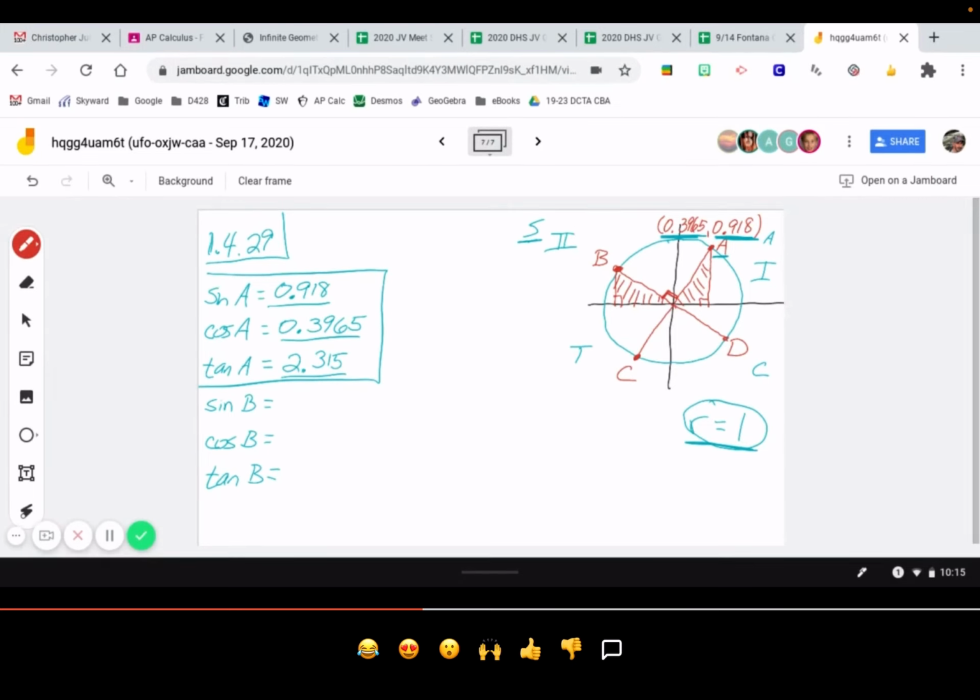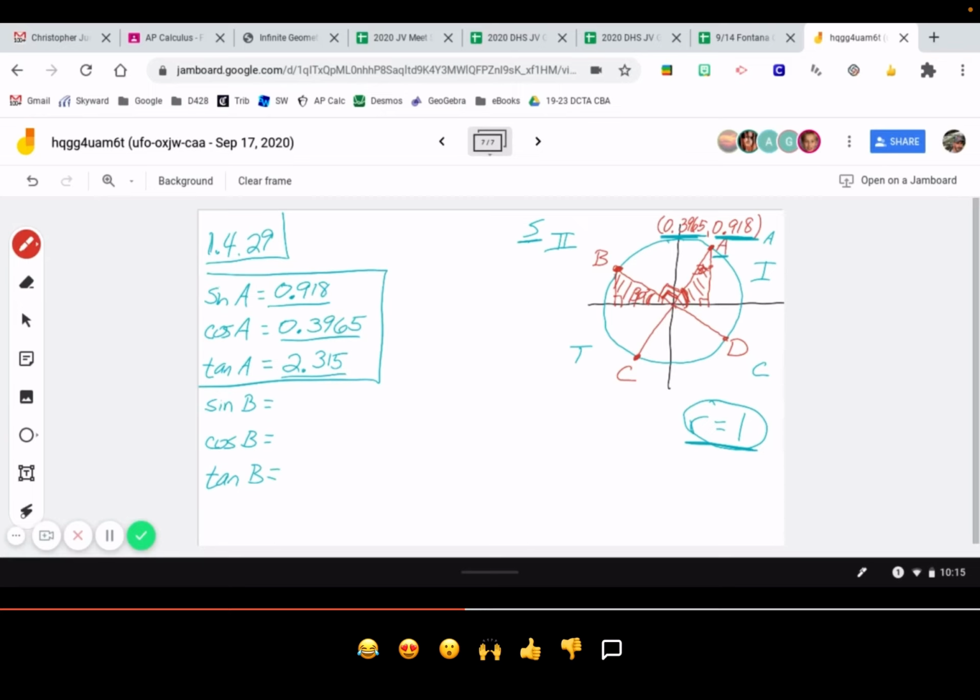I don't want to spend all day on why that is the case, but here's a simple example. If A was located at a 60-degree angle, and you added another 90 to that 60, that gets you to 150. That leaves a 30-degree angle right here, which is what you had in that spot.